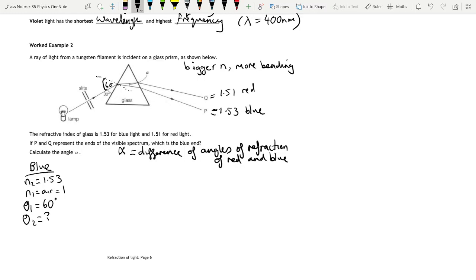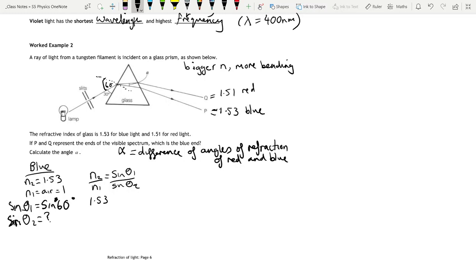And we want to find theta 2 to be able to answer this. So use our equation: N2 over N1 equals sine theta 1 over sine theta 2. The difficult part is remembering whether 1 or 2 is above or below.